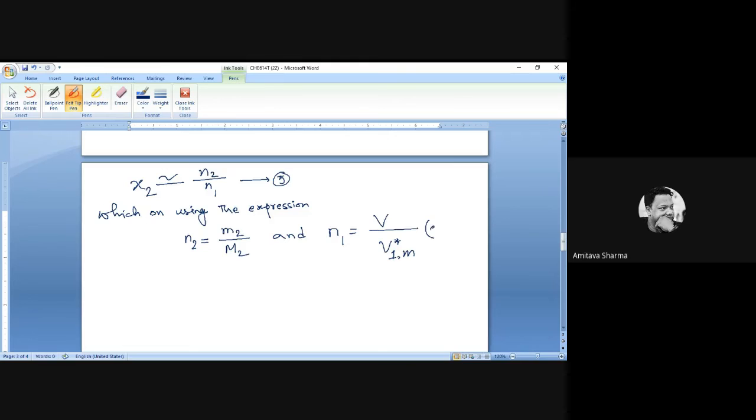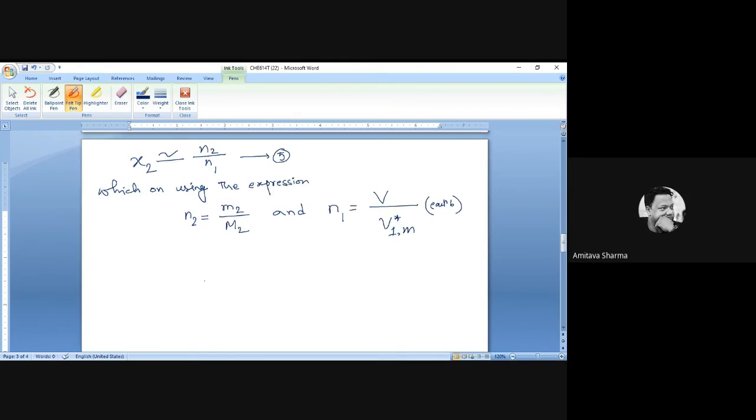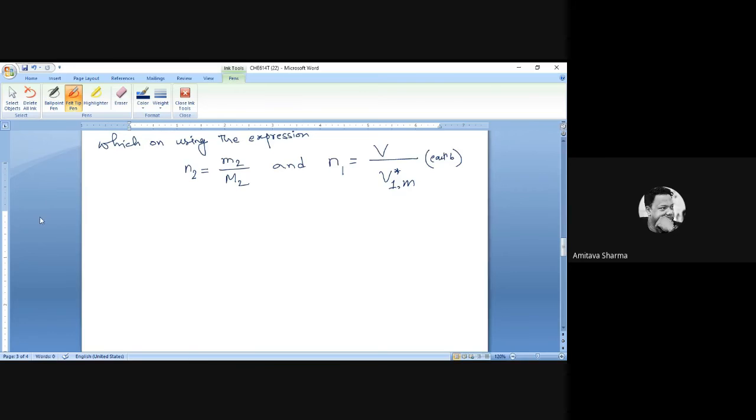By using equation 6, x2 equals m2 by M2 and V by V1m. And this is the major approximation that we are making. This is the most important approximation that we are making.